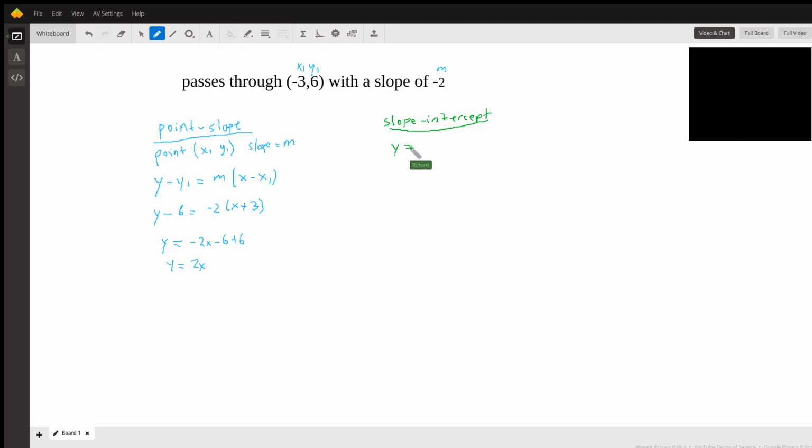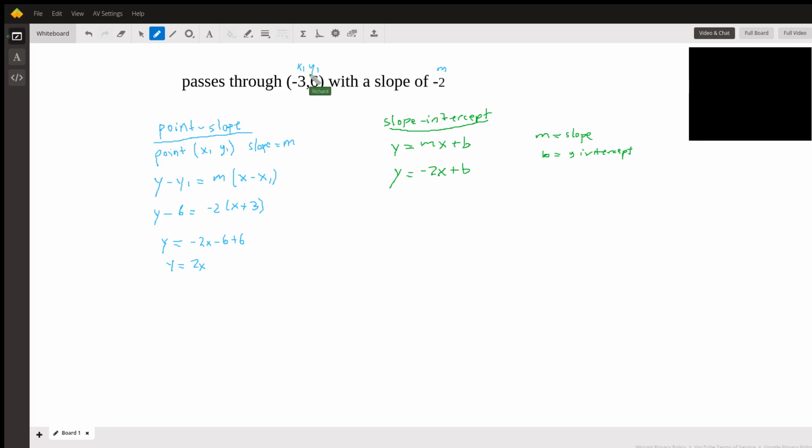Slope-intercept form is the more famous version, y equals mx plus b, where m is the slope and b is the y-intercept. So in this, we know the slope is negative 2, but we don't know b. So we're just going to write y equals negative 2x plus b.